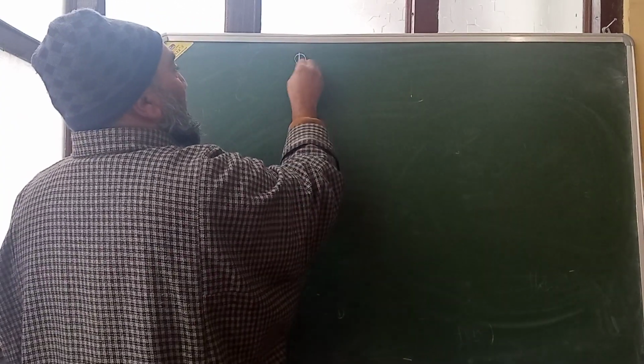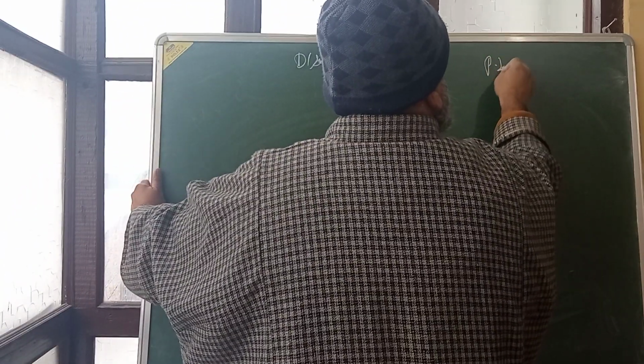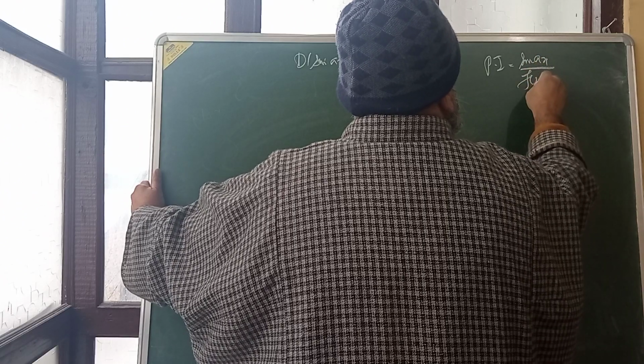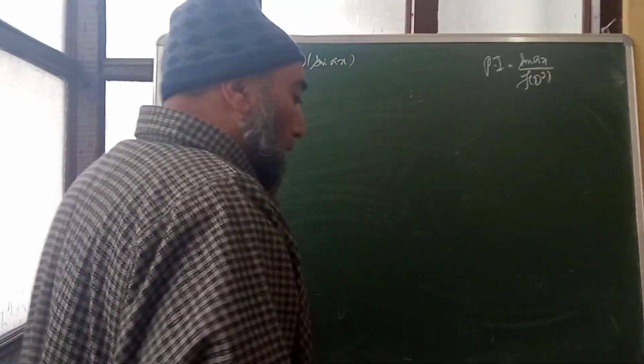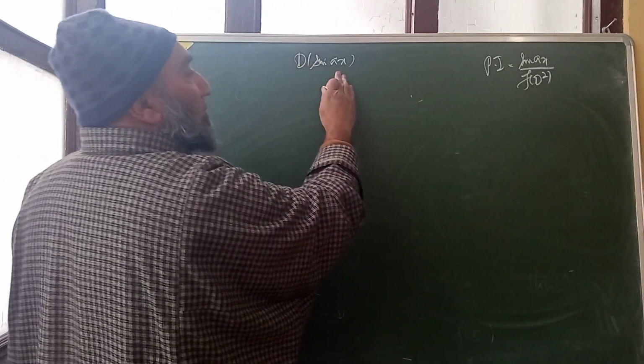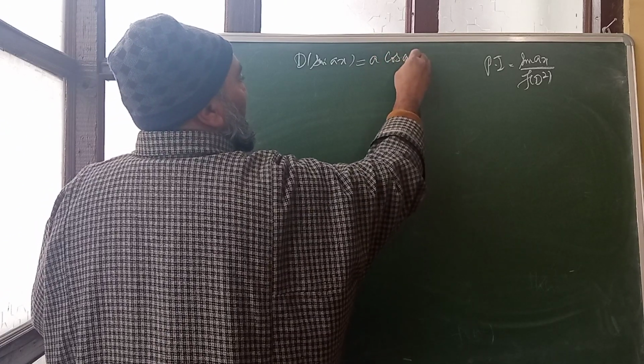I want to find the particular integral of sine ax upon f of D square, instead of D. Why D square? I will be explaining. What is the differentiation of sine of ax? It is a cos of ax.